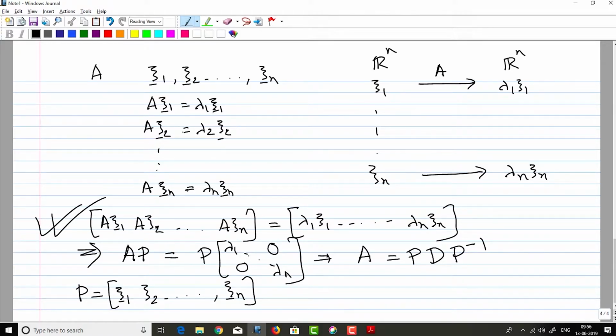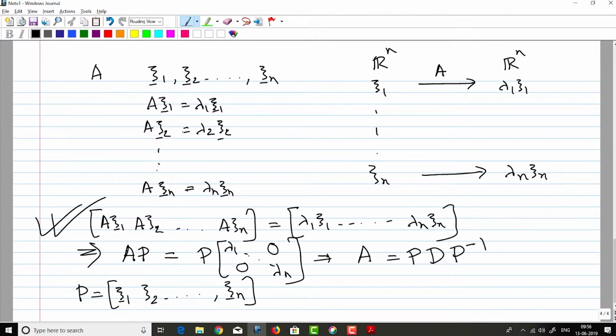Now, what we need to do is generalize this for a general matrix of dimension m by n. Then the idea will be to find those basis vectors from Rn and Rm and to relate them.